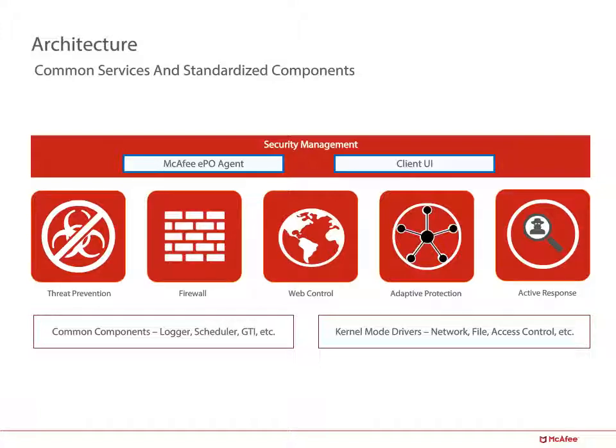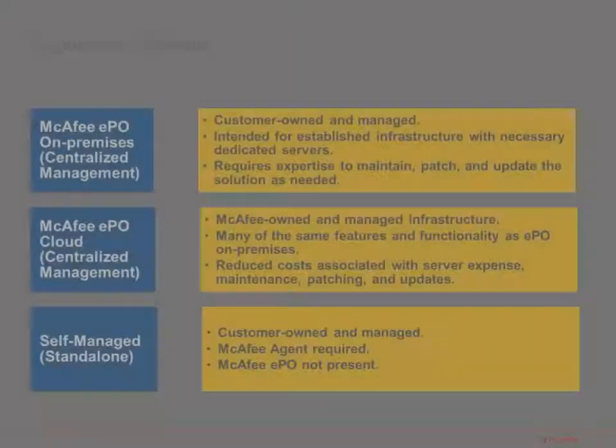And then we have all the different drivers that run underneath that has to do with the network drivers, so that I can have my firewall policies, the file level drivers, so that I know that I can scan those files and our access control.